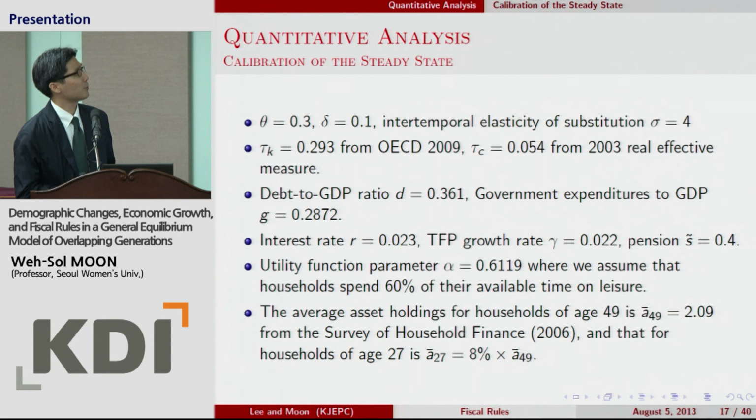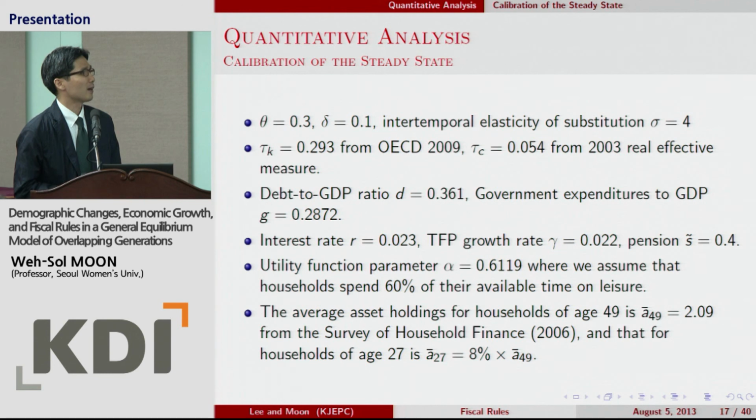The other calibration is conventional, but the capital income tax rate is fixed, and the consumption tax rate is also fixed. So about 29%. This comes from OECD 2009. Consumption tax rate is 5.4%. It's a real effective measure. In a benchmark rule, it's a constant debt to GDP ratio.